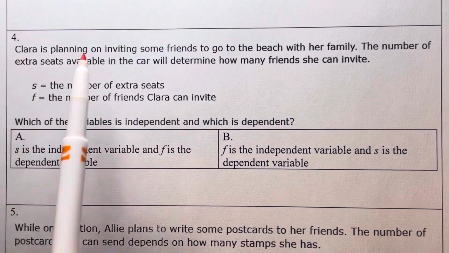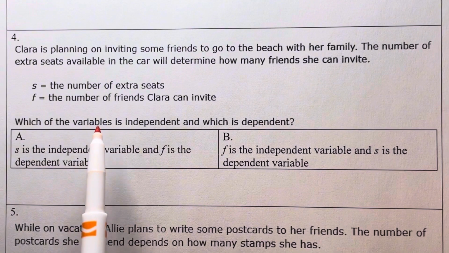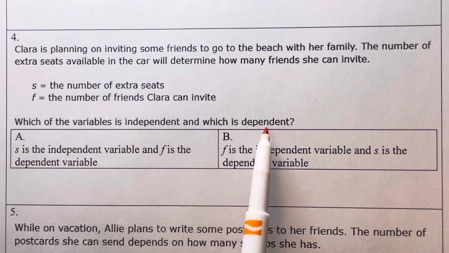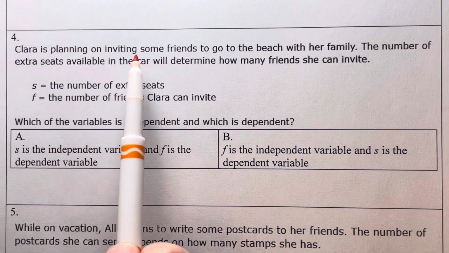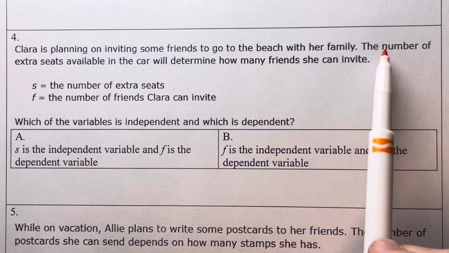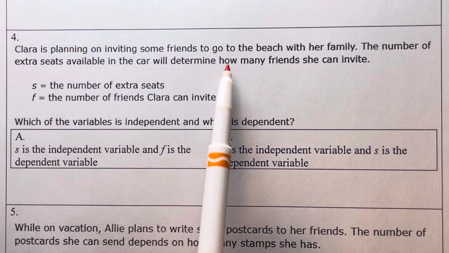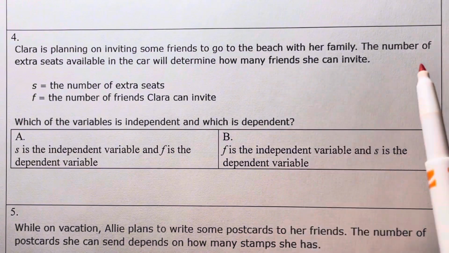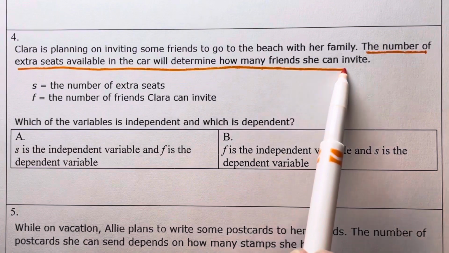In example 4, we have a real-world situation where we have to determine which of the variables is independent and which is dependent. Clara is planning on inviting some friends to go to the beach with her family. That's nice of her. The number of extra seats available in the car will determine how many friends she can invite. Okay, so here's the cause and effect relationship that we're looking at.